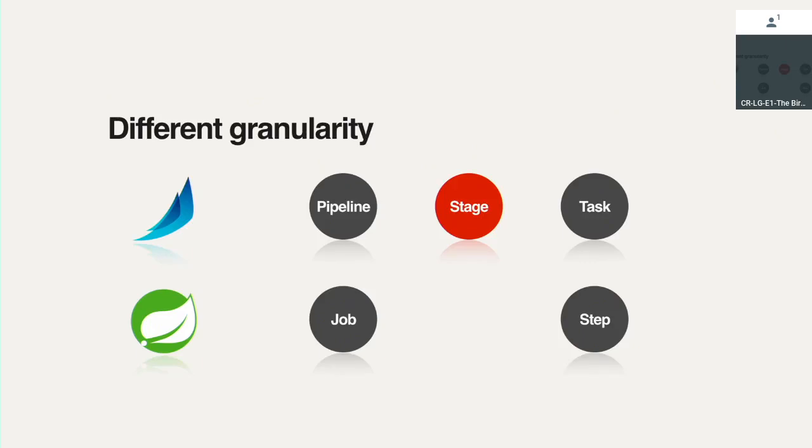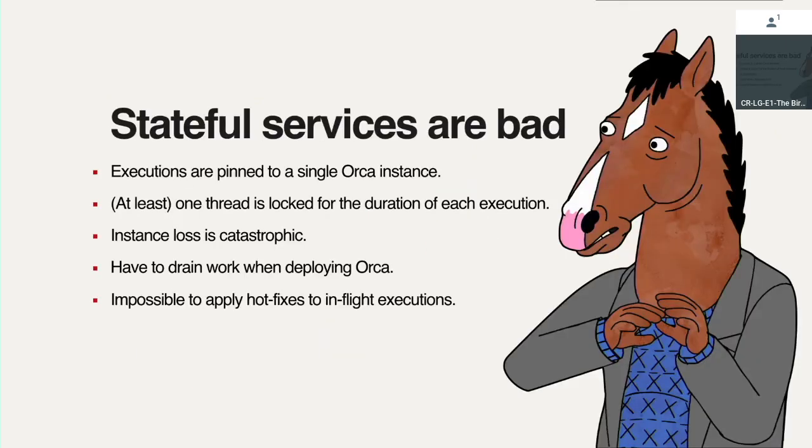And above all, Netflix doesn't really do stateful services. The way we typically operate software in the cloud is things are resilient to failure. Things are scaled as needed in order to support the traffic they're receiving.